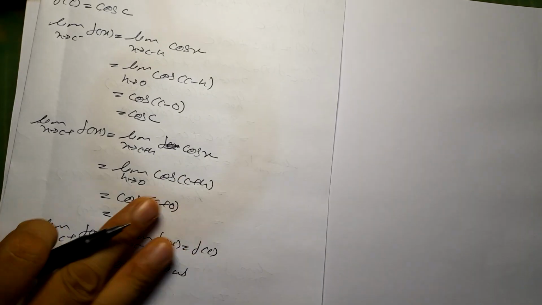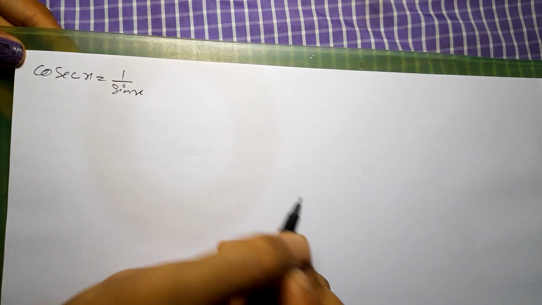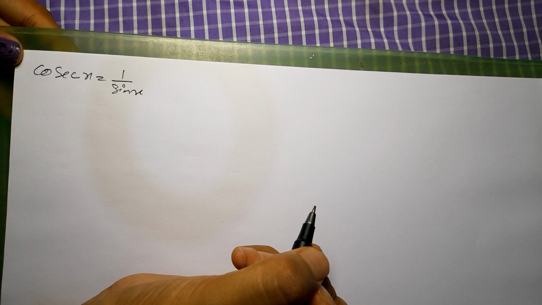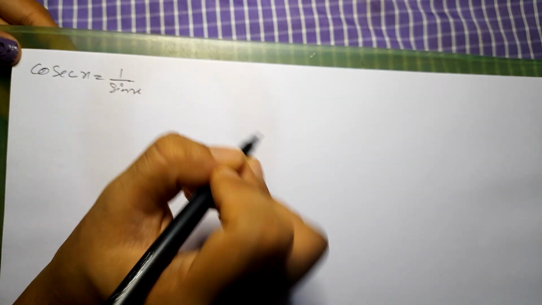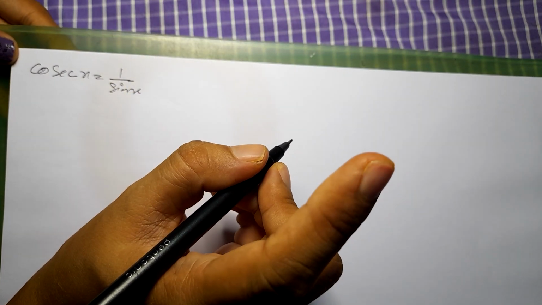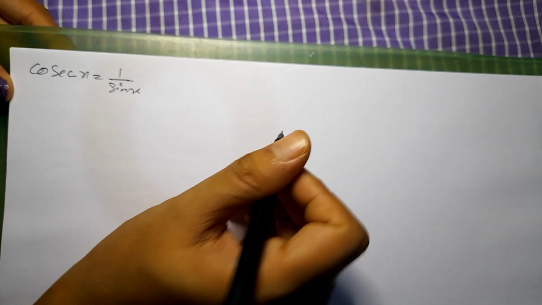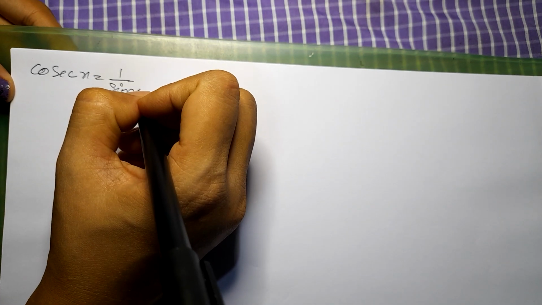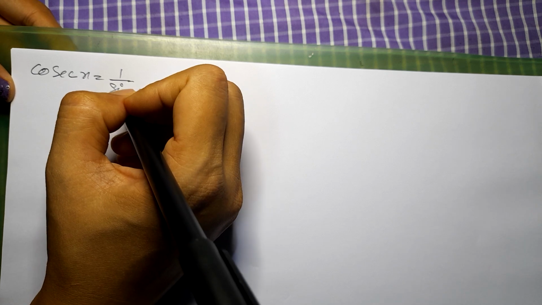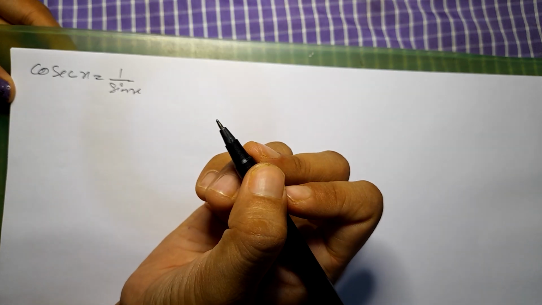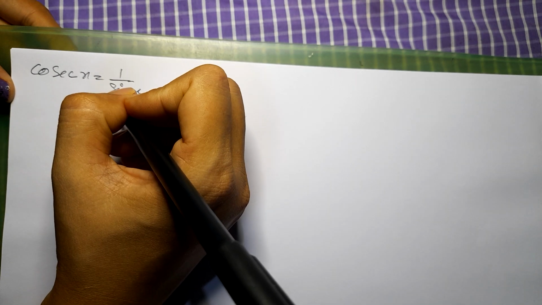So we got the sine and we got the cos. Now we are going to find the cosec. We know the cosec is the reciprocal of the sine. Cosec x, I can write as the reciprocal of sin x. So sine is continuous, and the value will not be continuous only when it is not defined. If the value of sin x becomes 0, then it is not defined, because 1 by 0 is not defined.